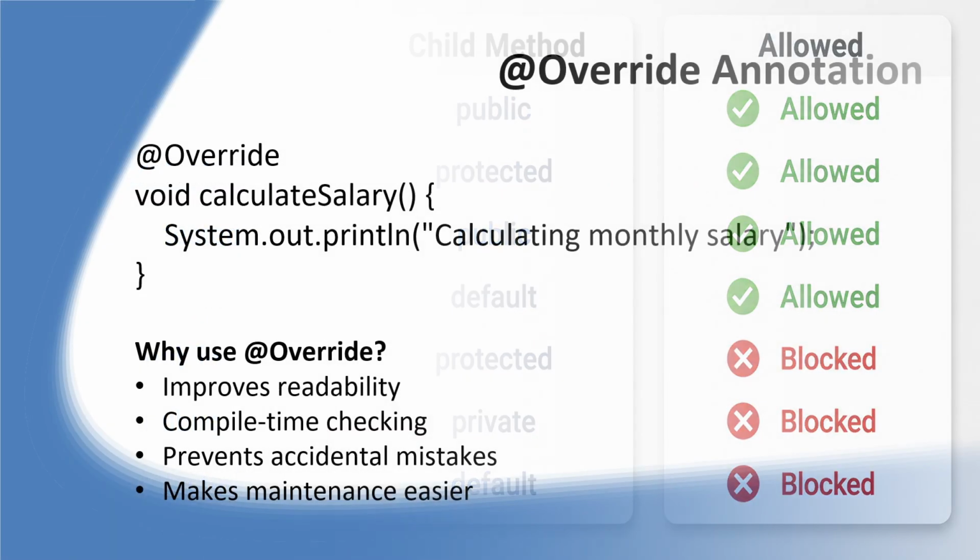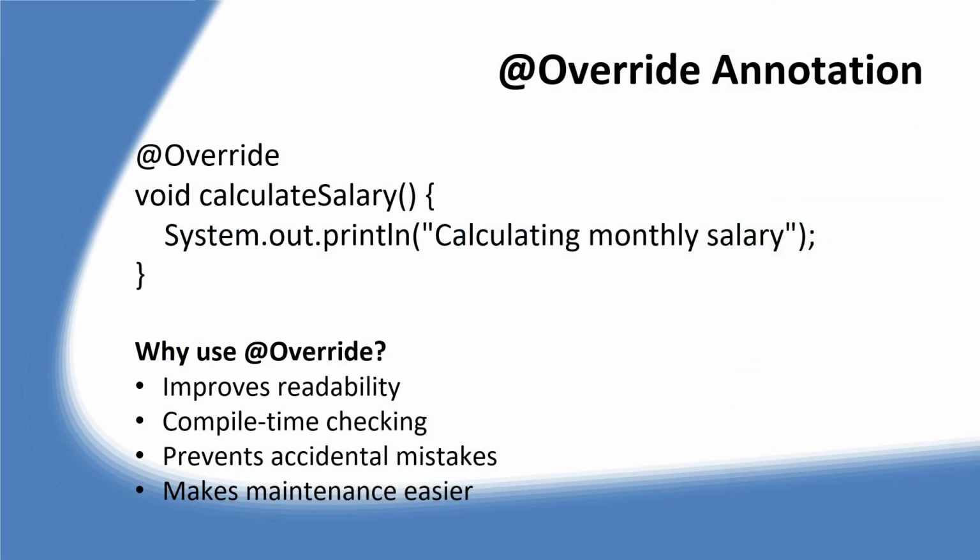Let's move on. So we will see the @Override annotation. What does it mean? What do you mean by annotation? Annotation is metadata. Metadata means information for the compiler. So we have a compiler, right?